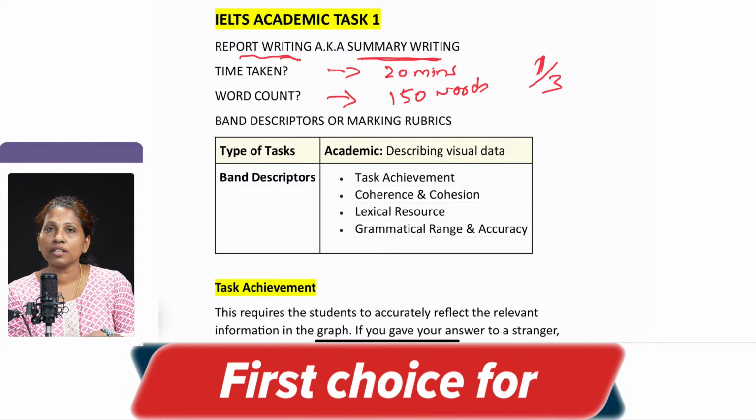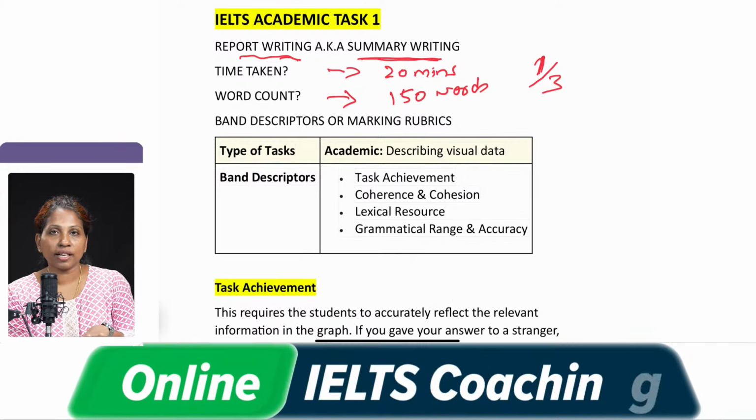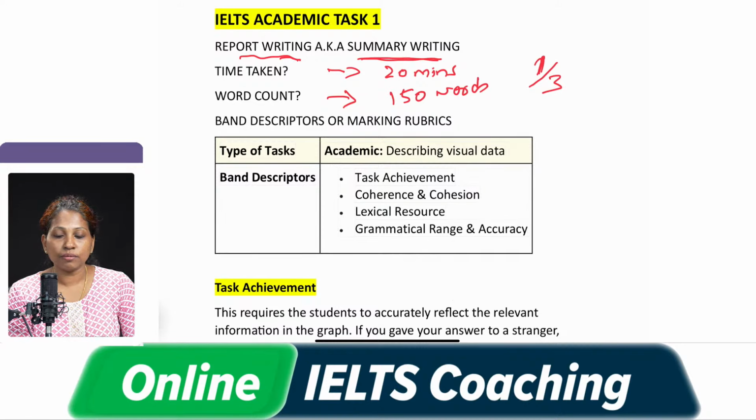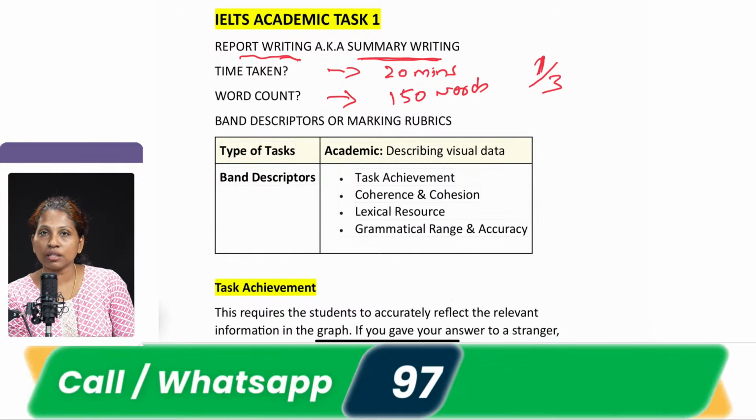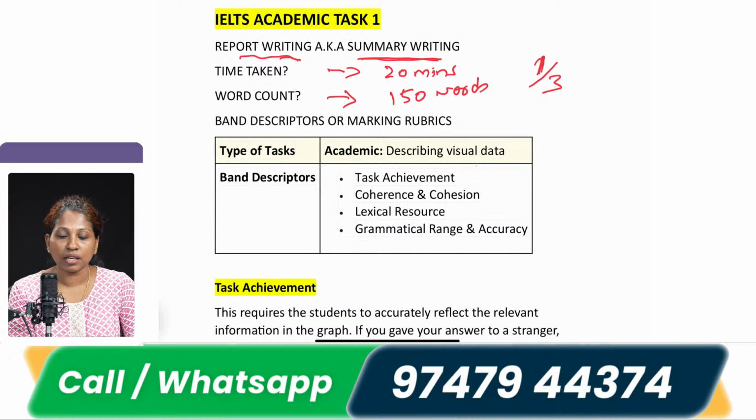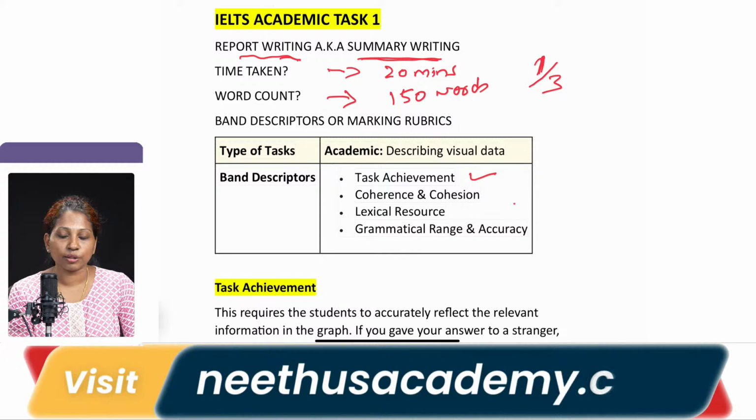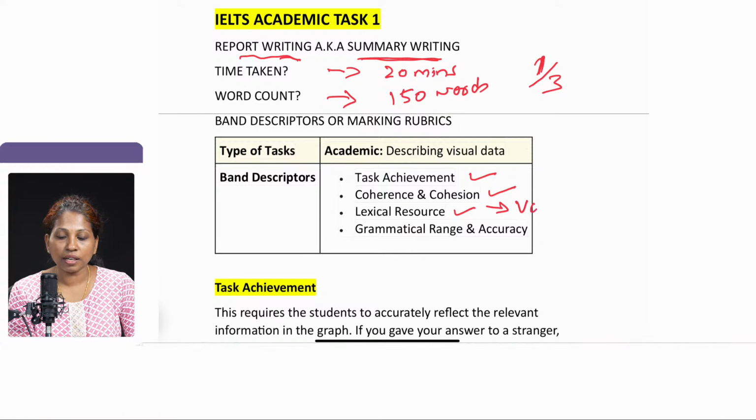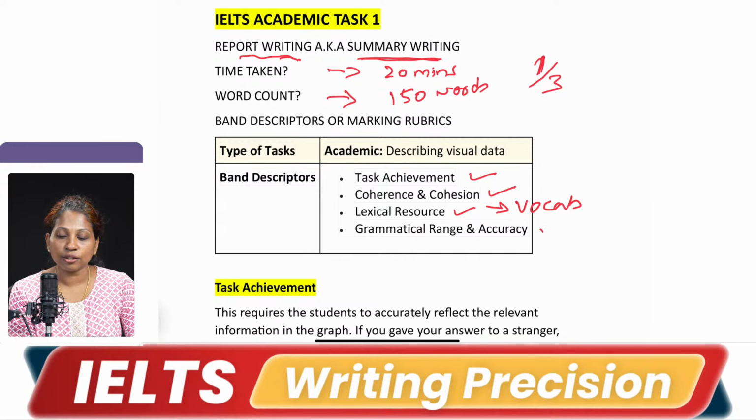On the basis of that, your writing task 1 band is calculated. 4 of them, in that 3 of them are common, as in task 2. The first one is task achievement, which is also quite similar to task response. Then comes coherence and cohesion, then lexical resource, which is vocabulary, and then comes grammatical range and accuracy.